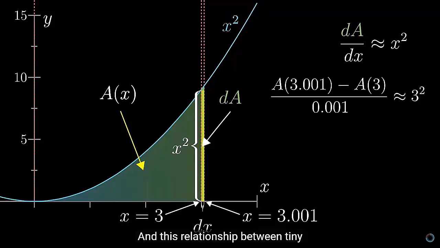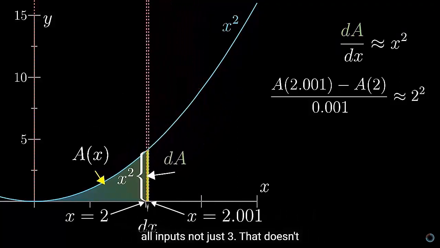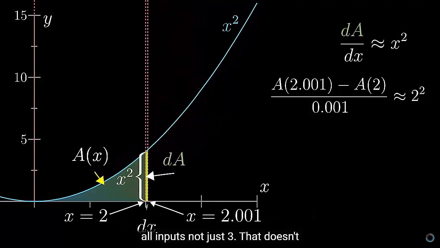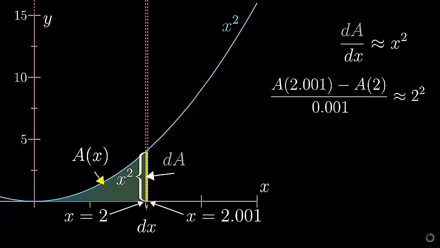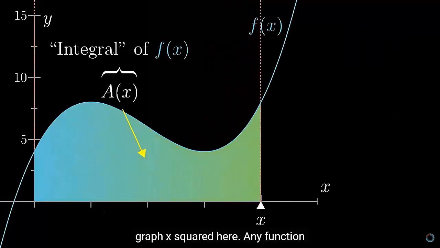And this relationship between tiny changes to the mystery function and the values of x squared itself is true at all inputs, not just 3. That doesn't immediately tell us how to find A of x, but it provides a very strong clue that we can work with.